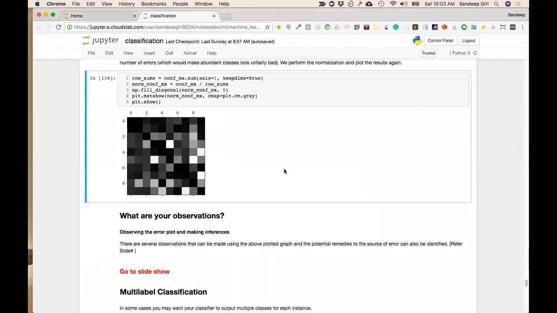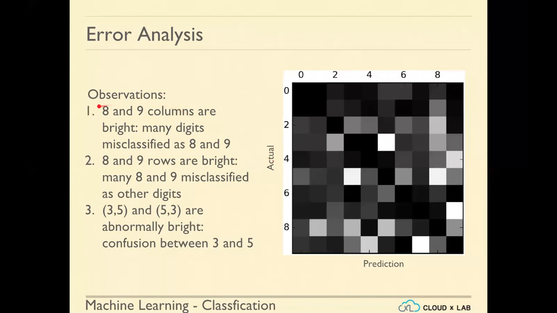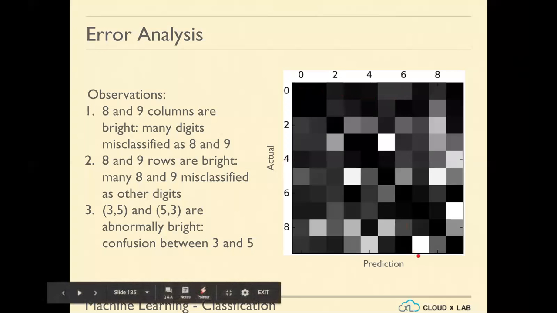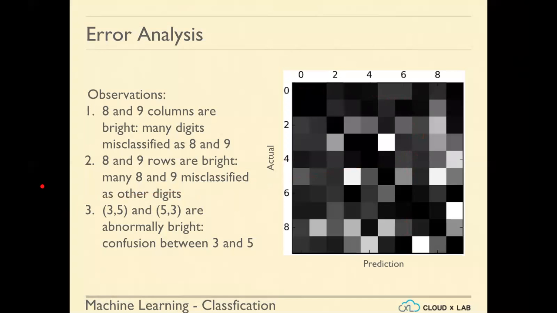Sorry, actually here it says 8 and 9th column, which is 7th actually. 1, 2, 3, 4, 5, 6, 7, 8. So it's actually the 8th column. 7th is the 8th column.